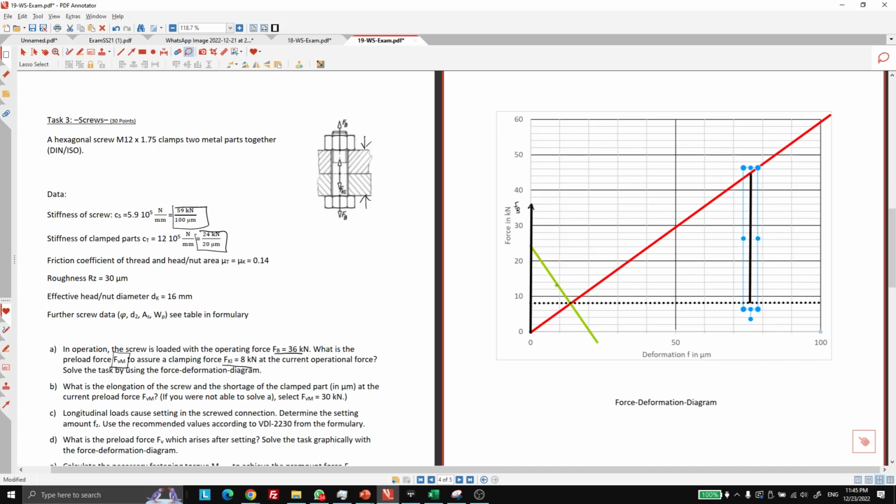And this green line over here will be touching over here, and you can extend it and make sure it's parallel. And this line over here will be my FVM.